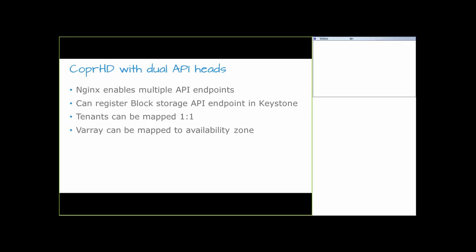The example was, for whatever reason, I have availability zone 1, availability zone 2, and availability zone 3. And I decided I just want storage availability zone A. Exactly. So when you configure the availability zone in Nova, you tell it which storage availability zone? Yes. How do you map it?